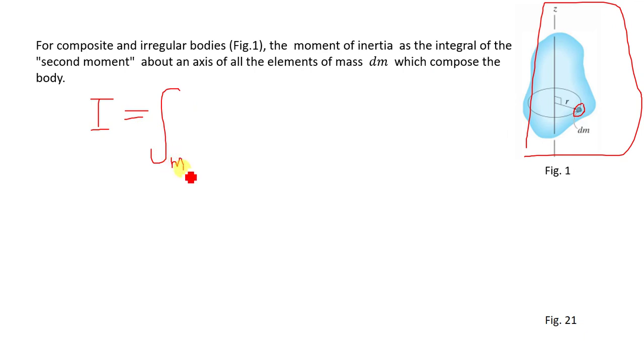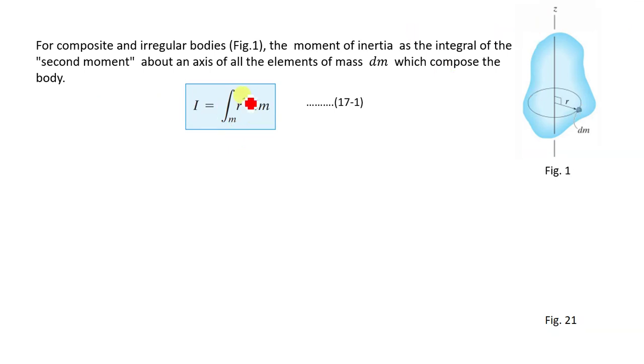You take the lower limit to be m, and then this one should be r squared dm. Okay, so this is the formula for the moment of inertia of an irregular body.